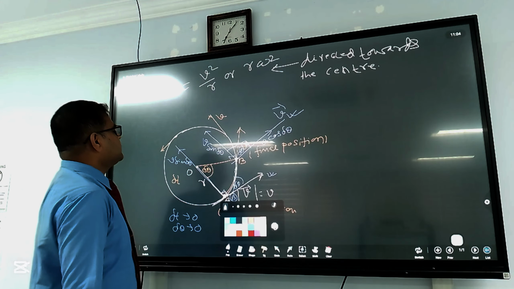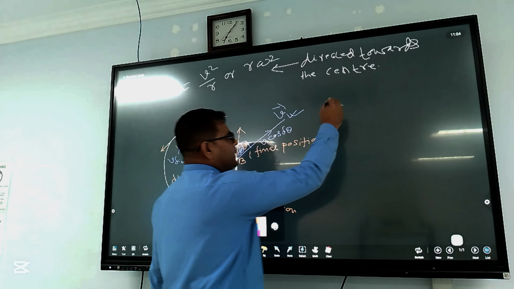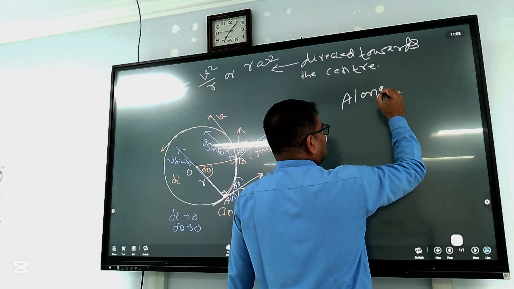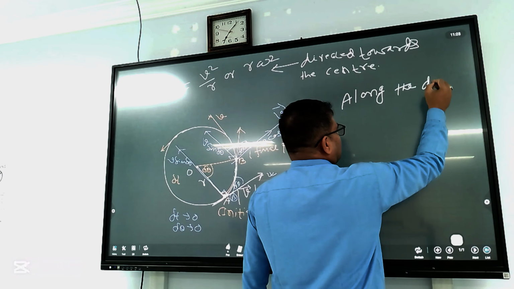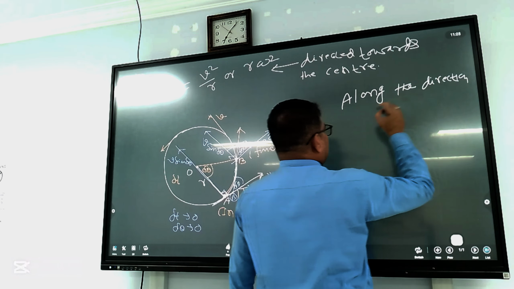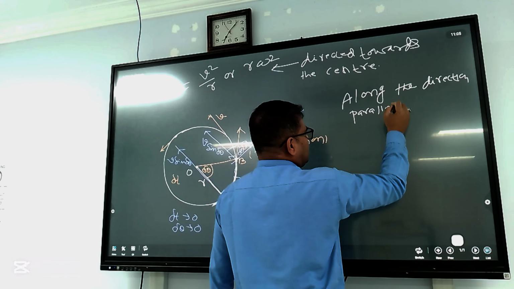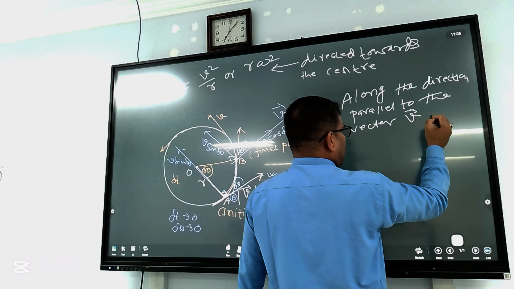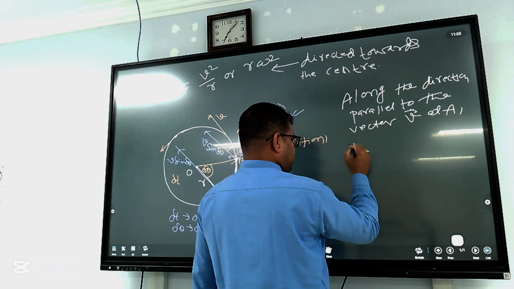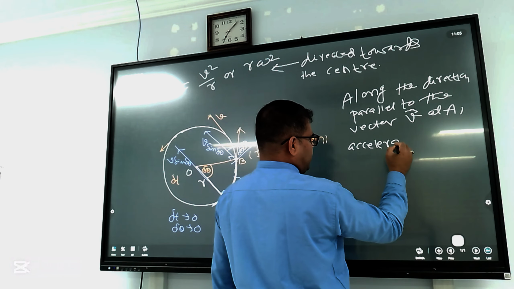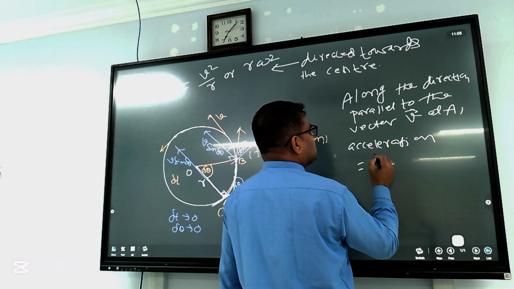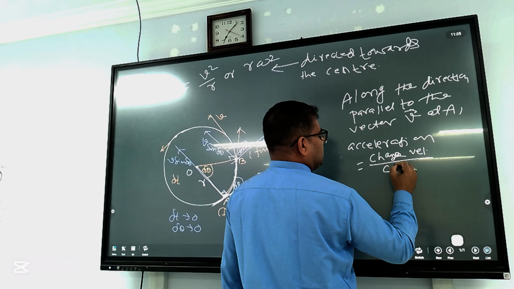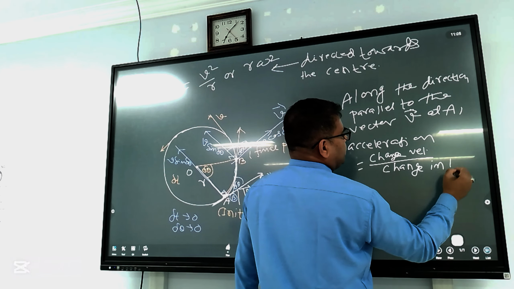Now let's talk about initial and final position. Firstly, you consider along the direction parallel to the vector line v at A. So at this point, you know that acceleration is change in velocity by change in time.